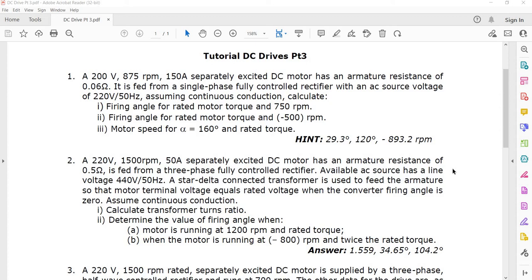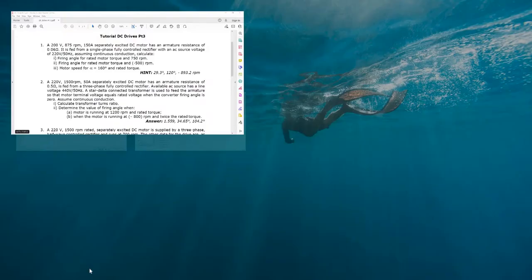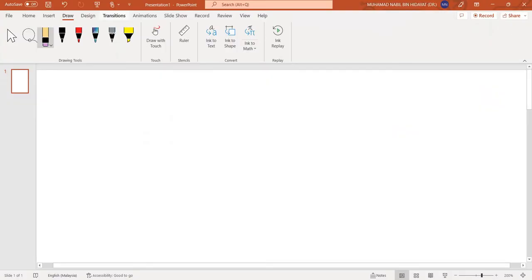For this question, it is good if we put in the schematic diagram of the circuit. This is a separately excited motor, which is connected to the converter.